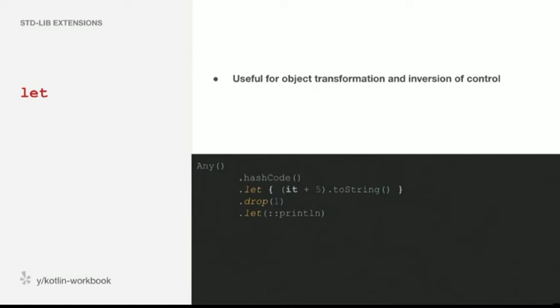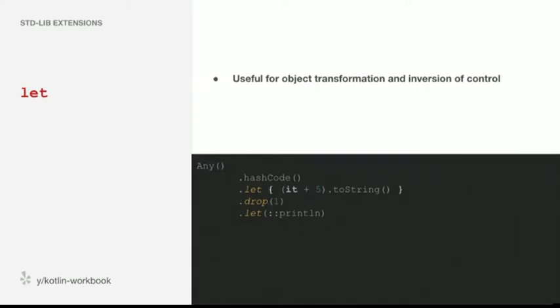The next function is called let. The difference between apply, also, and let is that let will actually return the output of the lambda that you pass it. It's quite useful when you transform data. So in this case, I'm starting with a hash code, I'm adding 5 to it, transforming it into a string. The next operation, drop 1, is actually done on the string that I'm returning.